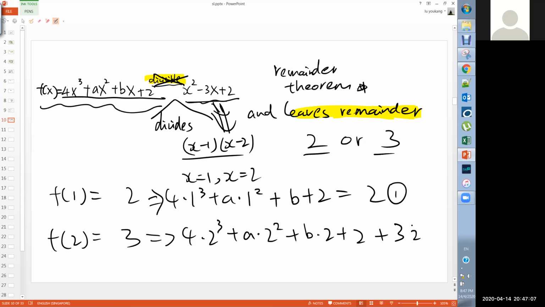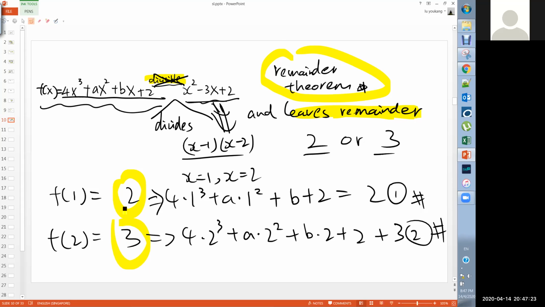You will get 3. So you just solve this simultaneous equation also. So the concept of the factor theorem and the remainder theorem is similar. But for the factor theorem, both of these are 0.